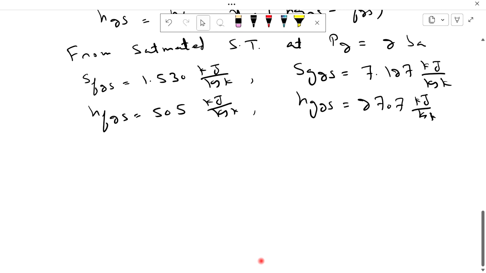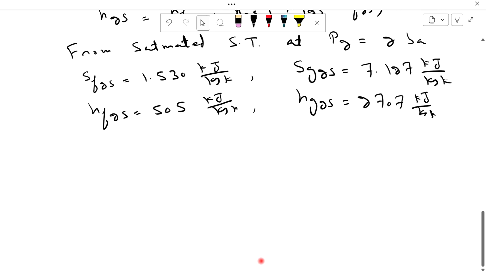Now to find X2S, use the equation S2S is equal to SF2S plus X2S into (SG2S minus SF2S).